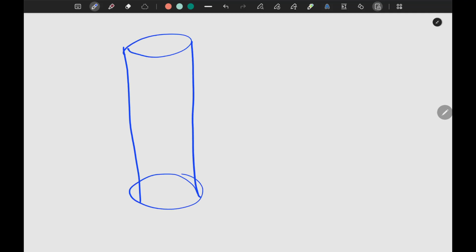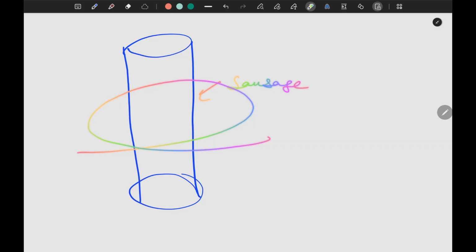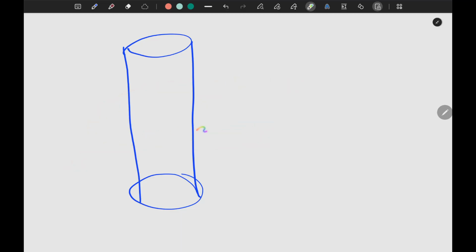For example, have you seen a cylinder? Suppose this is a sausage, okay, we take a thread and wrap it around it, and we push the thread from this side and from this side, like it divides into two, from outward to inward.